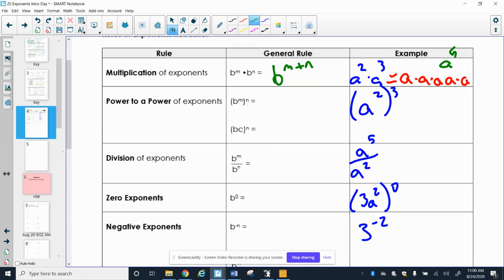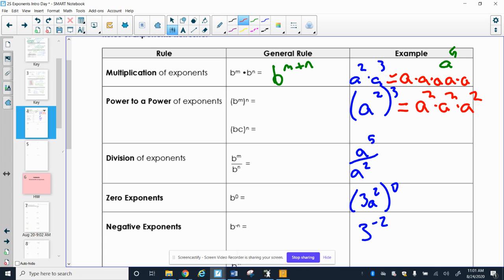Okay? Power raised to a power. So we have an example here, a squared raised to the third. Well, again, this exponent on the outside of 3 is telling you how many times you're repeating your base. Well, in this case, our base is a squared, since all that's in parentheses. This is the same thing as saying a squared times a squared times a squared.